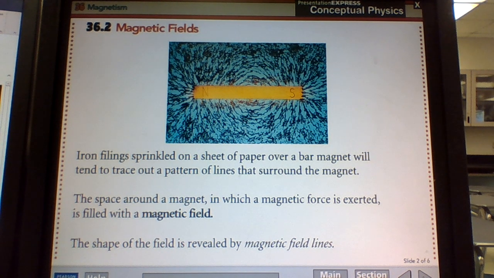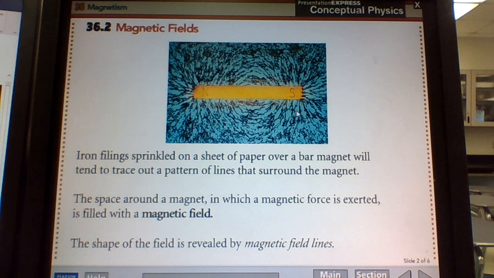Now, the shape of this field can be revealed by magnetic field lines, just like we saw with gravitational field lines or electric field lines. Again, we would describe them through the closeness or the length of the arrows that would give us the stronger field.